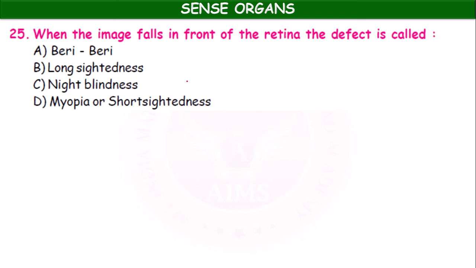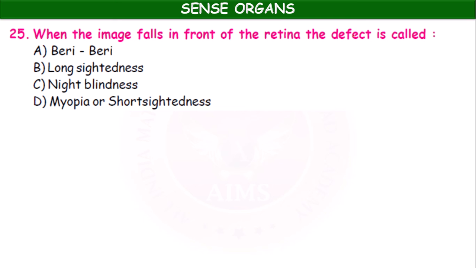When the image falls in front of the retina, what do you call the defect? Beriberi, long sightedness, night blindness, myopia or short sightedness. Normal vision means the image has to form on the retina.